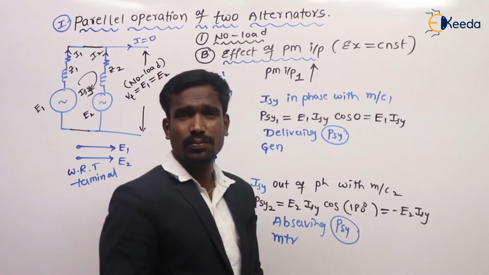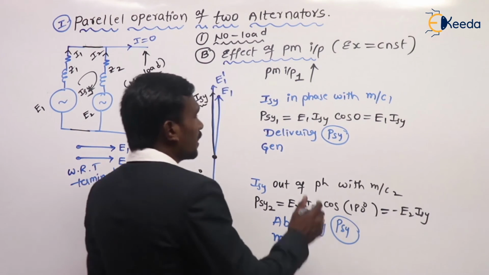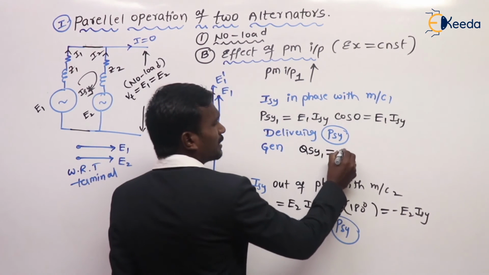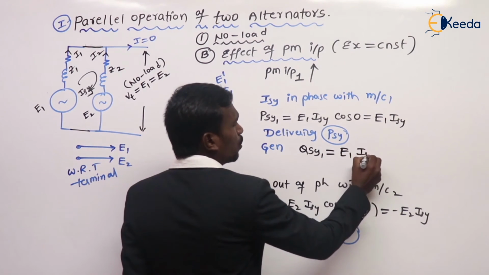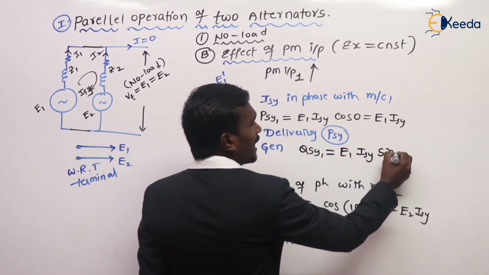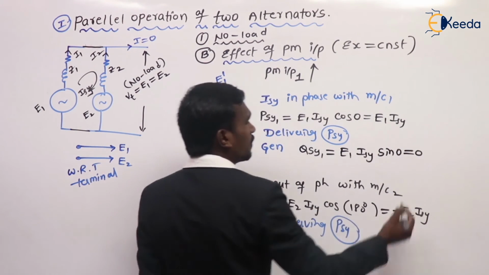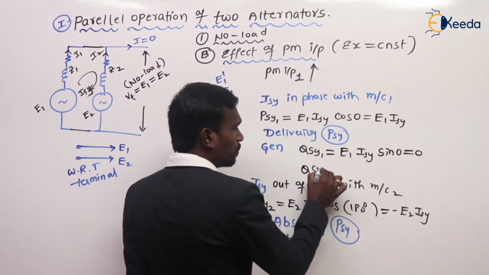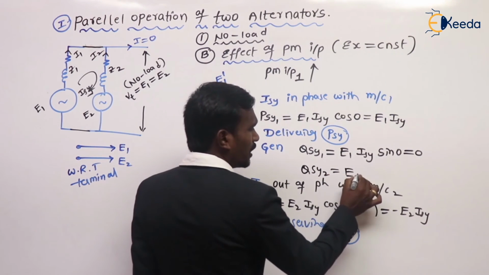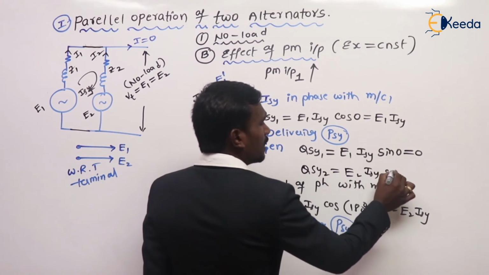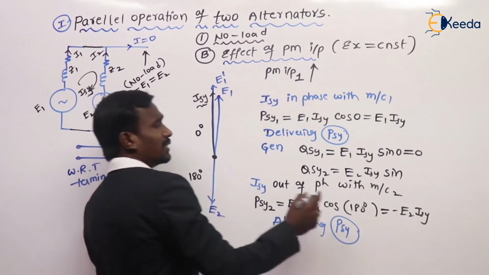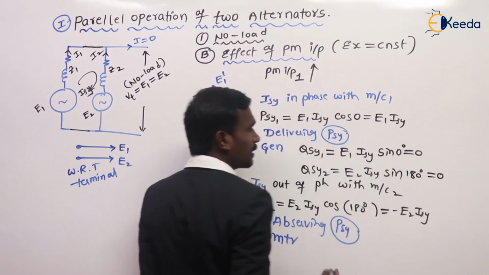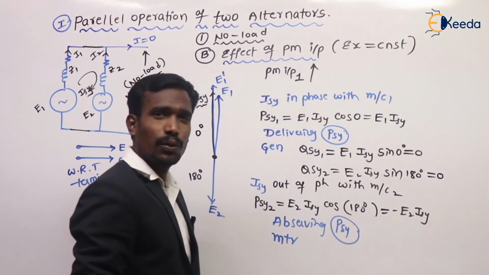Again, same. So here, can you tell me what is the synchronizing reactive power? The synchronizing reactive power is equal to E1 ISY sine 0, where sine 0 is equal to 0. What is the synchronizing reactive power of machine 2? E2 ISY sine theta. What is theta? 180 degrees, and sine 180 degrees is equal to 0.